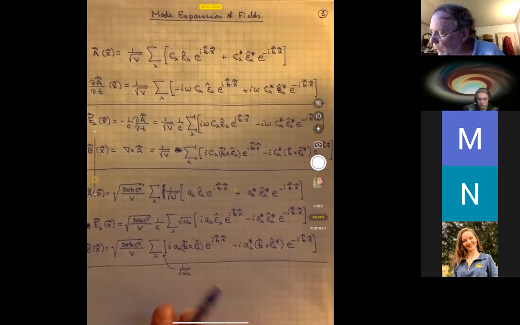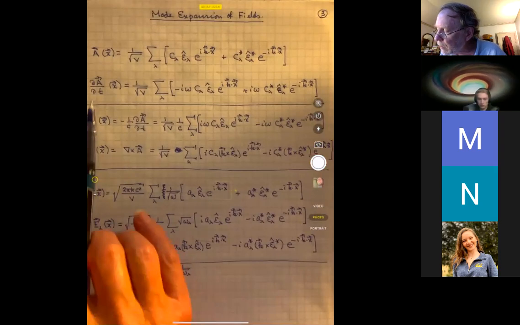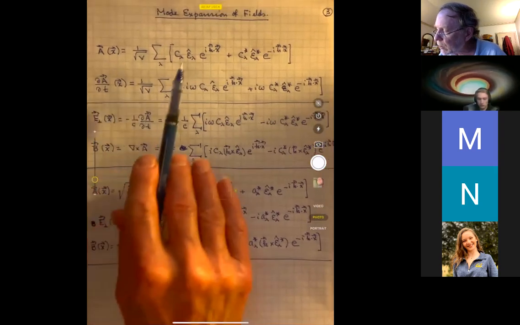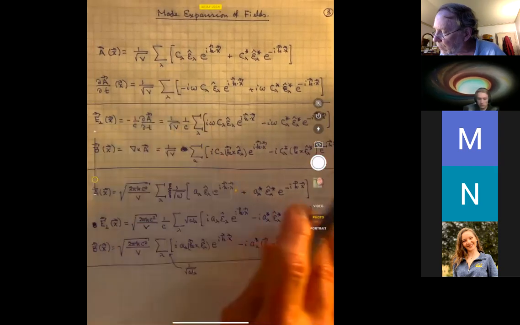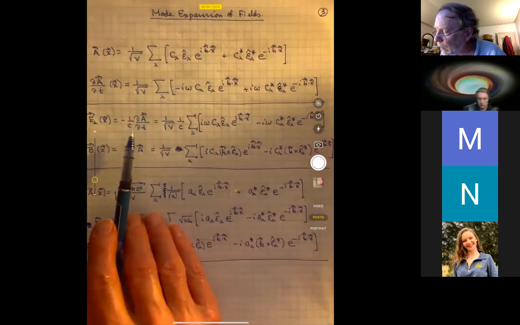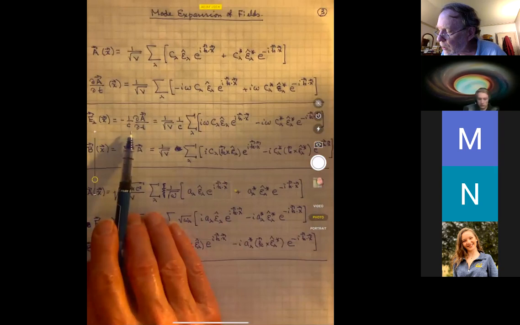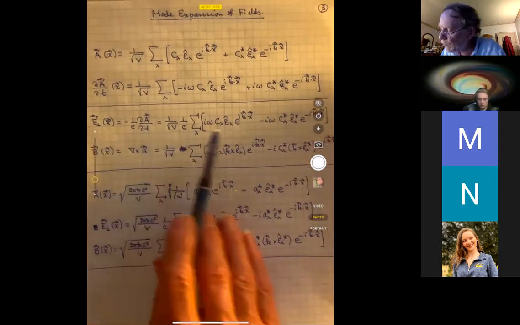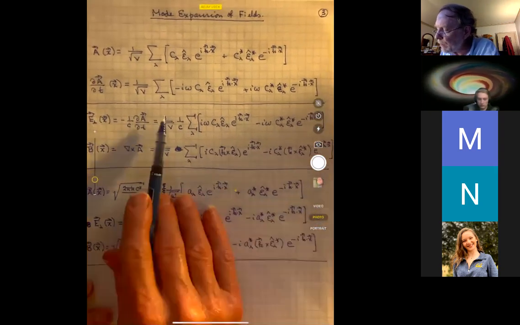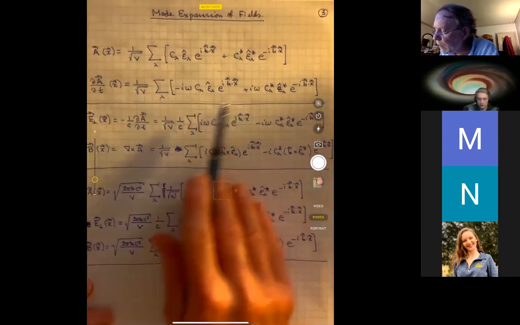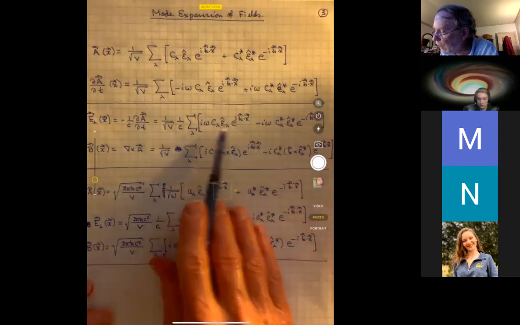So for example, here's the vector potential and the time derivative of it, written in terms of the mode amplitude c lambda. The transverse electric field is just a constant times the time derivative dA/dt. So the Fourier series for E transverse is almost the same as that for dA/dt, and here it is with the mode amplitude c lambda appearing.